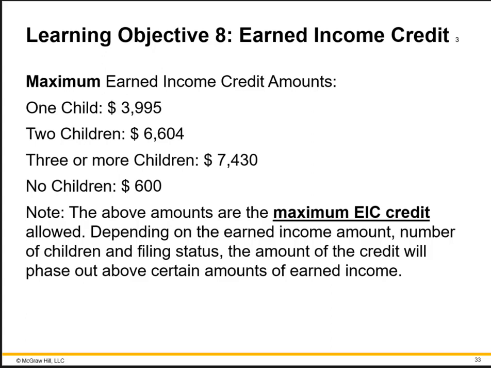That's the most you get if you're right in the sweet spot. And remember, it's lower than that if your income's on the lower side, and it's lower than that if you're on the income on the higher side. And in the middle, there's a flat area where the maximum is what you're going to receive as a credit. Okay?